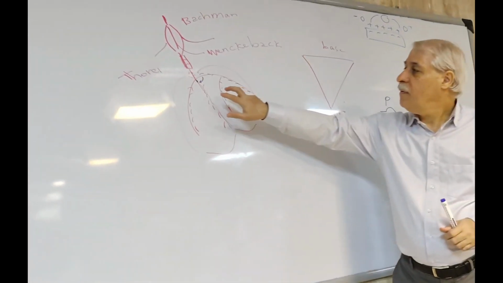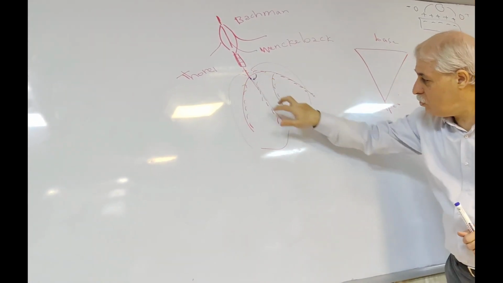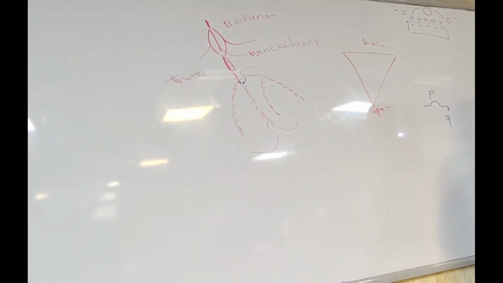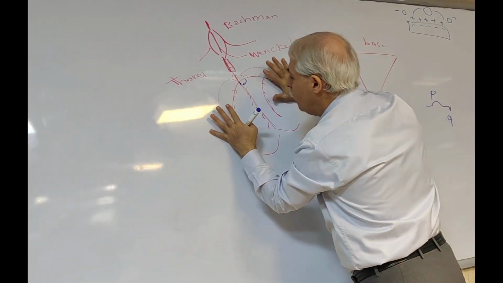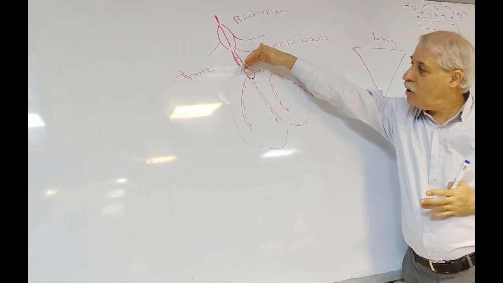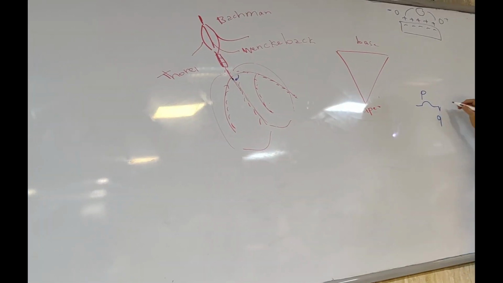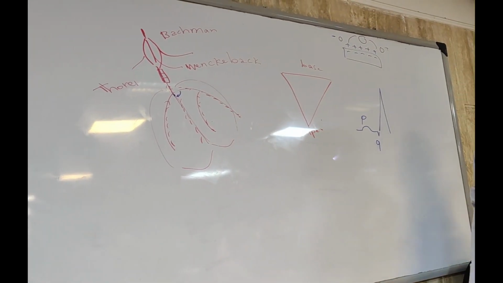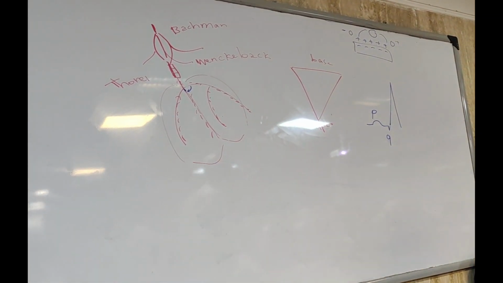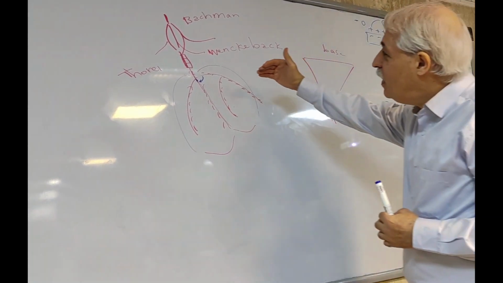Then the ventricle would be depolarized from the base to the apex, and then both endocardial surfaces would be depolarized. The lateral walls will neutralize each other. So the ventricle is depolarized from the base to the apex. The last part of both ventricles that is depolarized is somewhere in the base of the left ventricle.